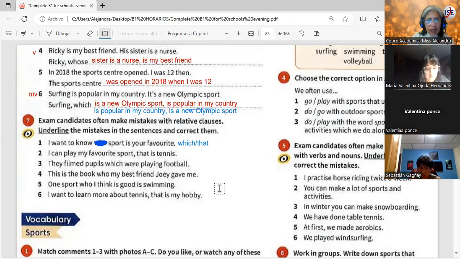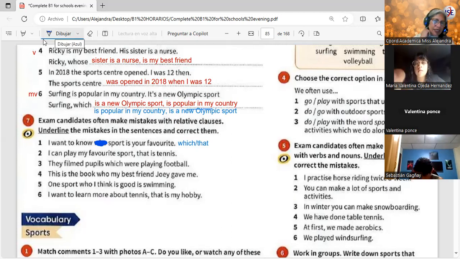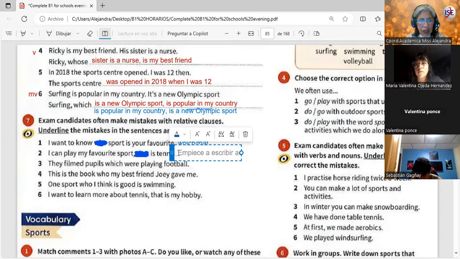Maria Valentina, which is the mistake? I have to distinguish tennis, that is my favorite sport, from all the other sports. Yes, that is not used when we have the commas. So we put here which.